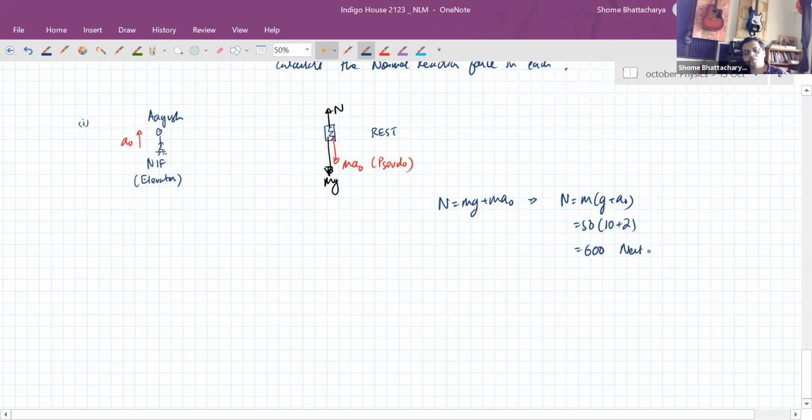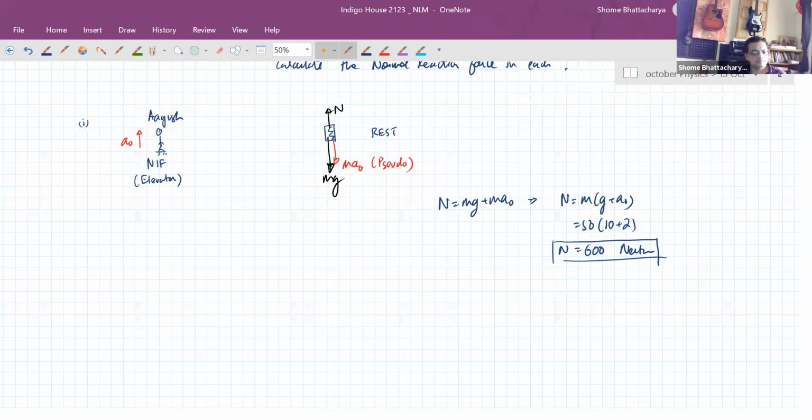600 newtons is the normal reaction measured according to the calculation done by Ayush, because he is the non-inertial frame observer. That is why there's a pseudo force.